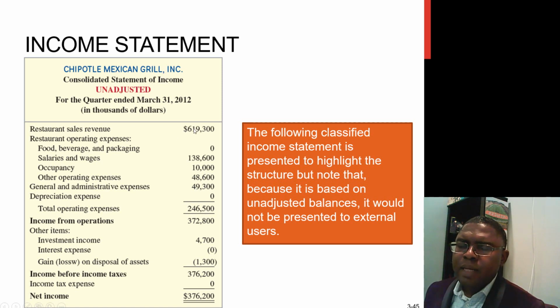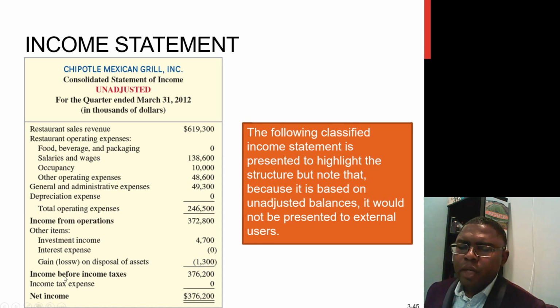When we take our sales revenue minus the total operating expense, this is what we have, which is income from operation. Then we are going to subtract other expenses that were mentioned, which are not coming from operating activity above, such as investment income and loss on disposal of assets.